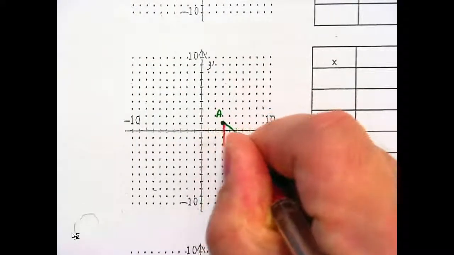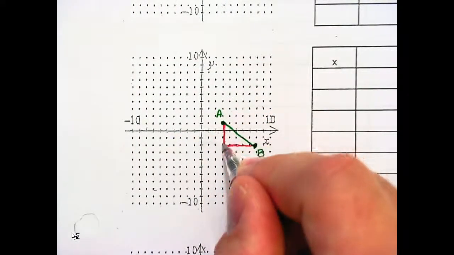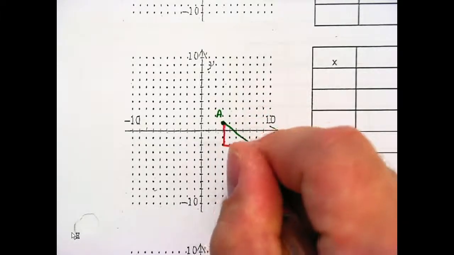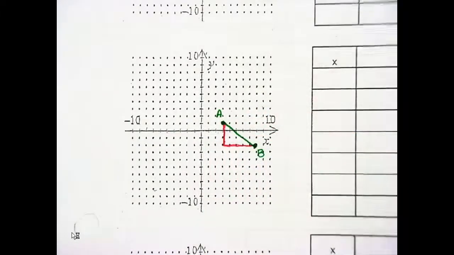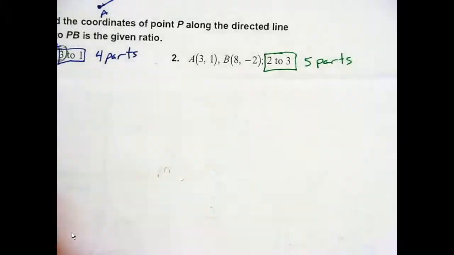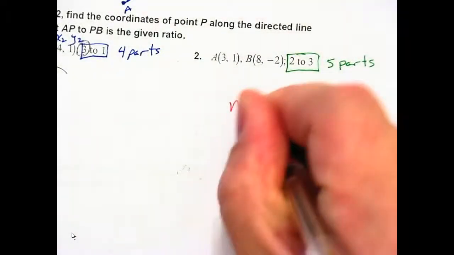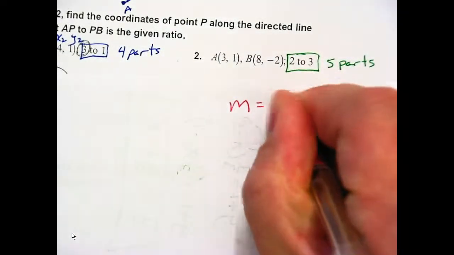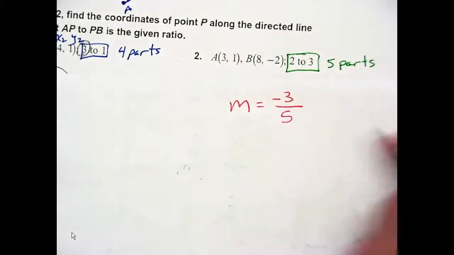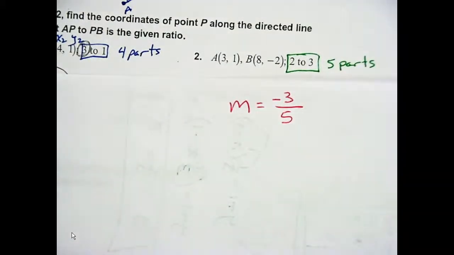Okay, my slope in this case is: go down 3 and over 5. How many made it that far?